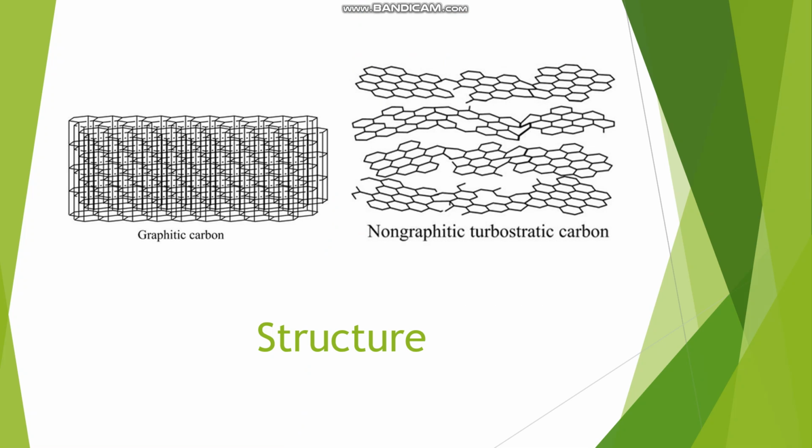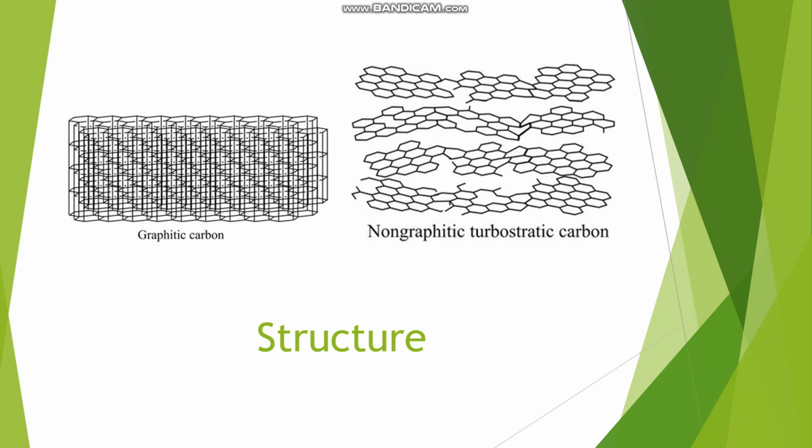So the structure of carbon fiber is what gives it its strength. There are two different structures, and whichever structure the carbon fiber has really depends on the type of carbon fiber, which I'll get into later. As you can see, the one on the left is called graphitic carbon, and it's similar to the structure of graphite.